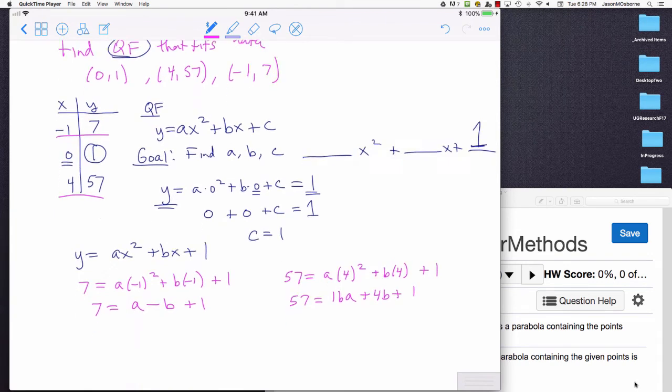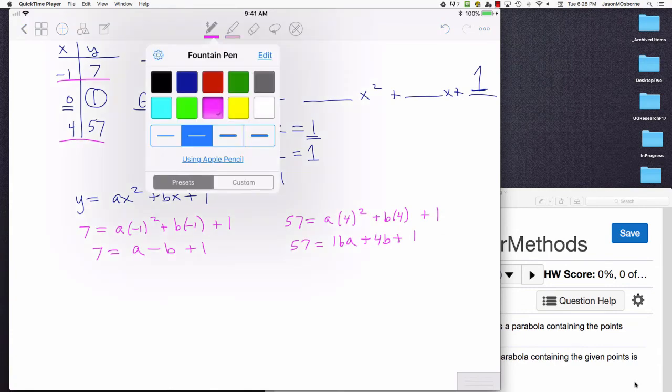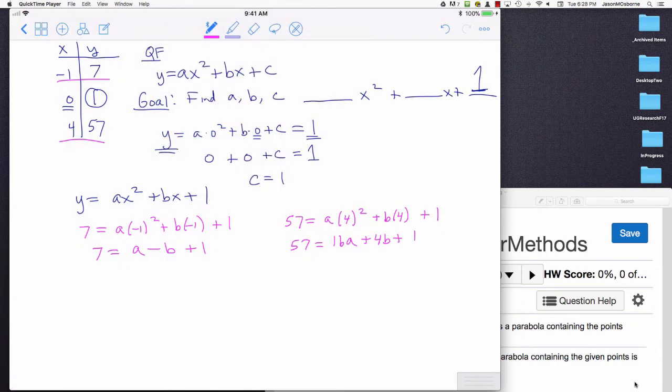So this leads us to a minus b has to equal 6. That's our first equation from here. And then the second equation is that 56 has to equal 16a plus 4b. So there's your second equation.